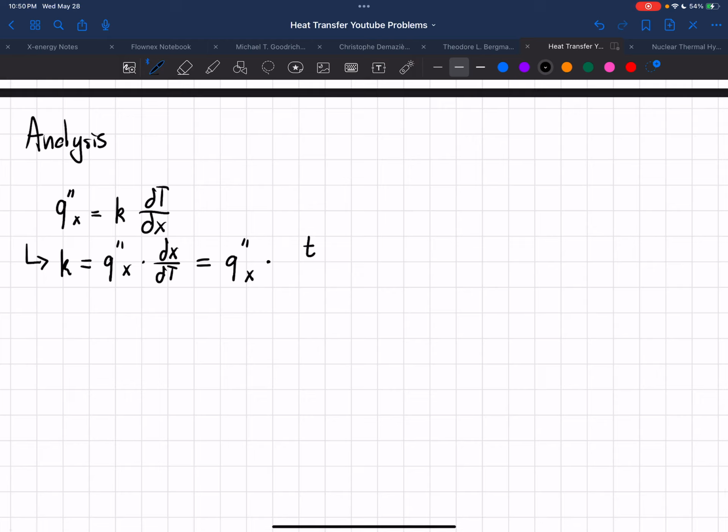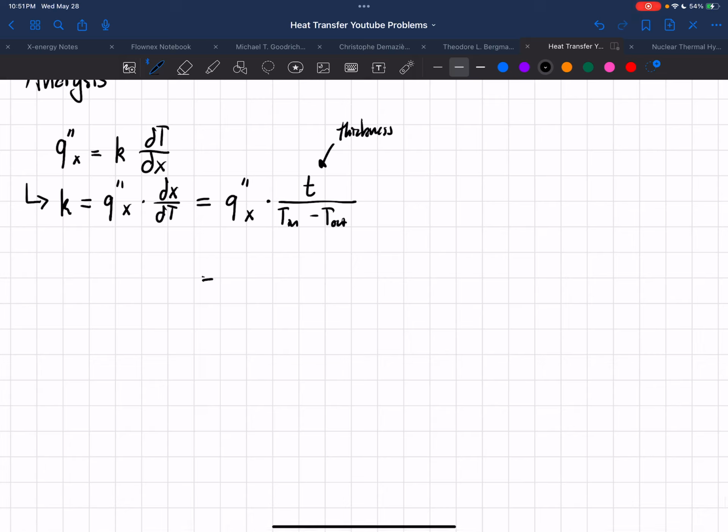So T is, I'm just going to write this here to remind ourselves, thickness. You could call it length. I don't think anyone would mind. And then dT is going to be the T inner, that higher temperature, minus T outer, that lower temperature. And from here we can solve.